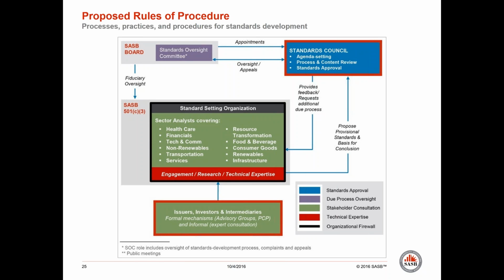And then the standards setting organization, Nashat and the other analysts and myself and the team here, is really the linchpin of the information flow around the development, modification and maintenance of the standards between the Standards Council and the market intermediaries and users of the standards there at the bottom.